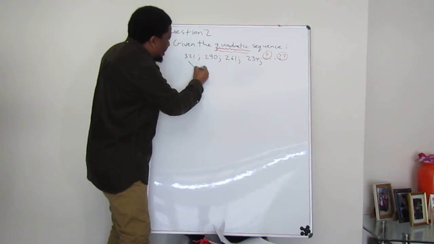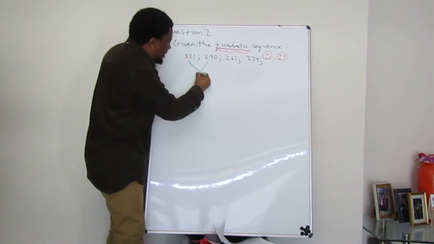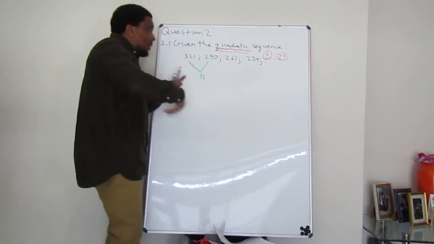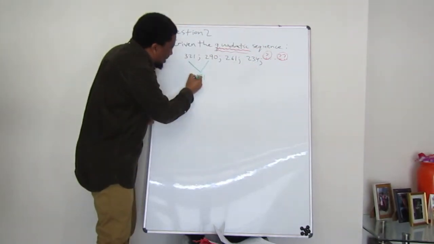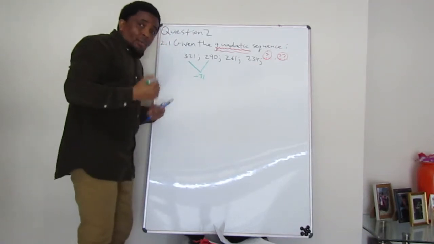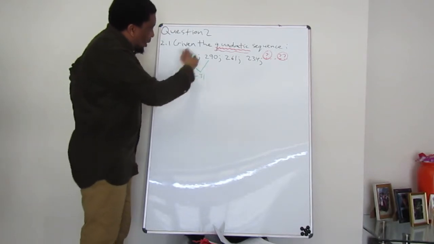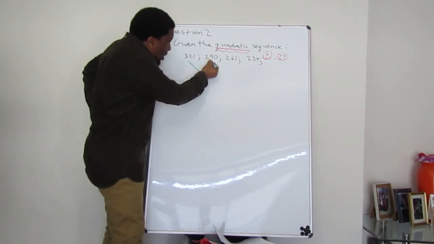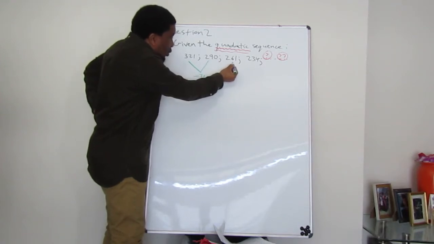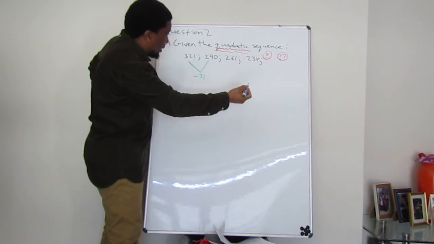So the difference that I get between these two terms is 31, towards the smaller numbers, so it's negative 31. That's the first difference that I get. Now I look at the second set of numbers. From 290 to 261, how many units am I moving downwards?